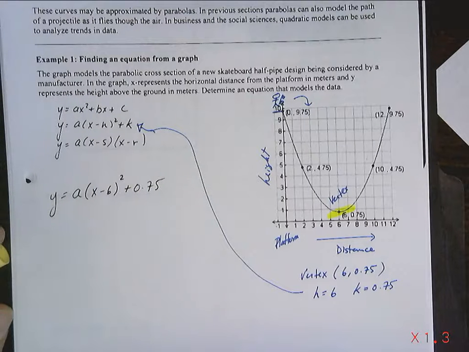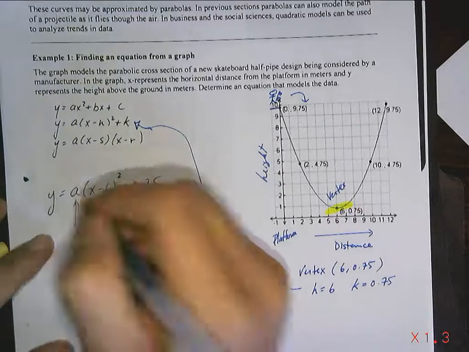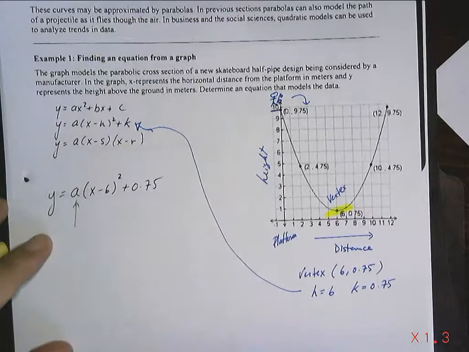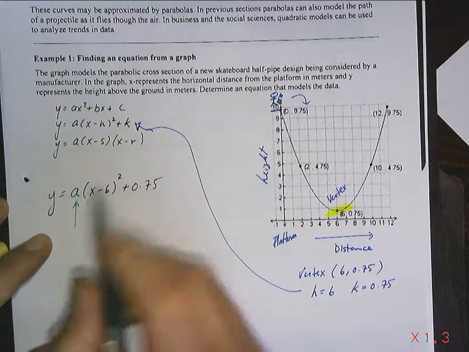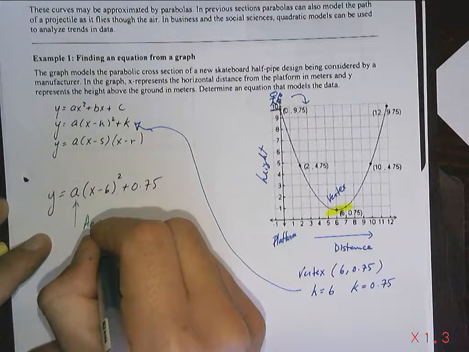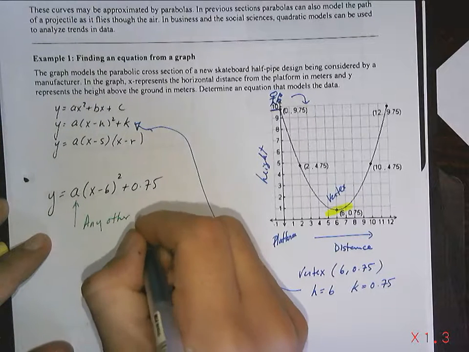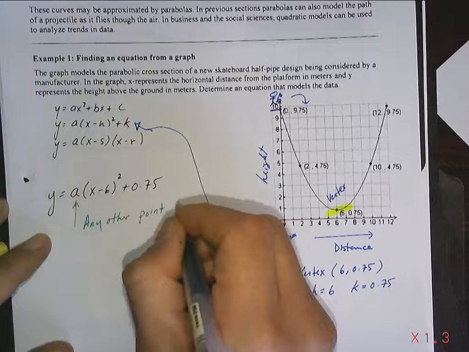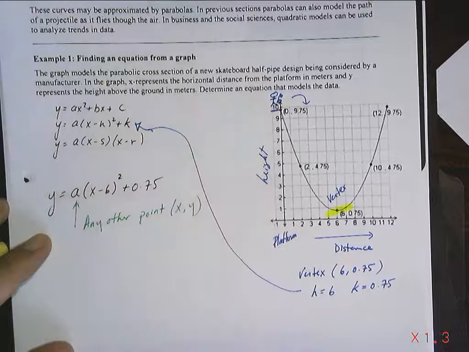Now I'm not done yet, because for this to truly be the equation, I need to know what a is. I don't know what a is. Good news. If I'm able to get any other point such that x and y are given, I can find a.